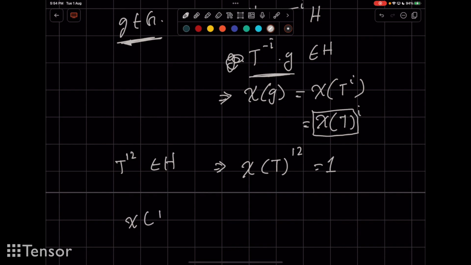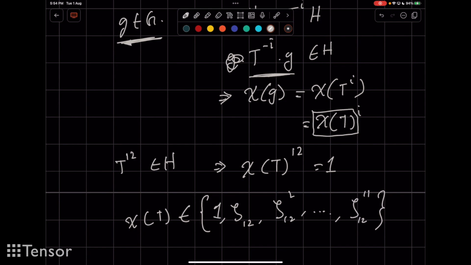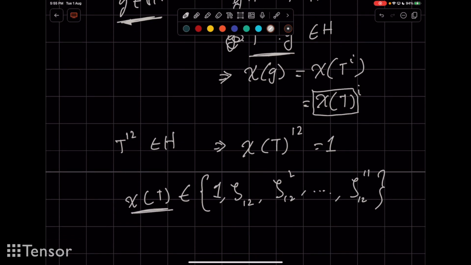So chi of t must be in the 12th roots of unity, that is 1, zeta 12, zeta 12 squared, dot, dot, dot, zeta 12 to the power 11. So these are the 12th roots of unity. And the value of chi of t fixes the other values. Right? So there are 12 characters only.